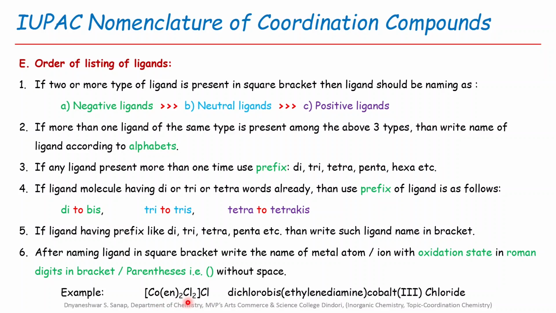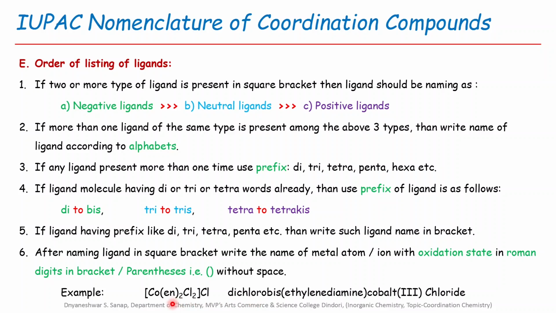While writing the name of such a complex, we have to follow the rules one by one. Here there are two ligands, the first one is neutral and the second one is anionic, and out of these two we first choose the naming of the negative ligand according to the rule. That's why we write the name of the chloride anion first. But here two chlorine atoms are present, so we write the prefix di, after that chloro.